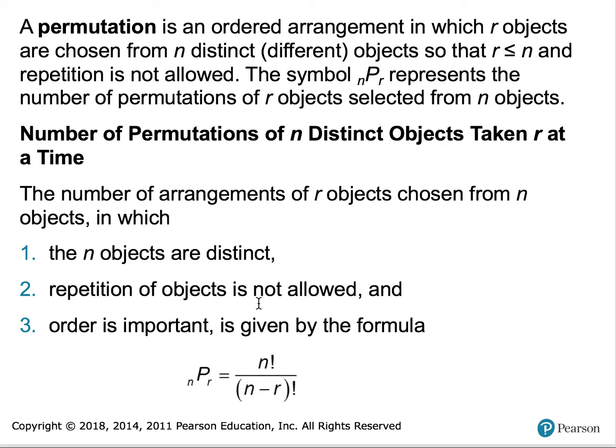Repetition's not allowed, and order is important. Then we have this formula. Notice we use that factorial. But also, you might have noticed when you went into that math probability, you should have also seen this symbol right here, nPr. So my calculator will do this without using the factorial.